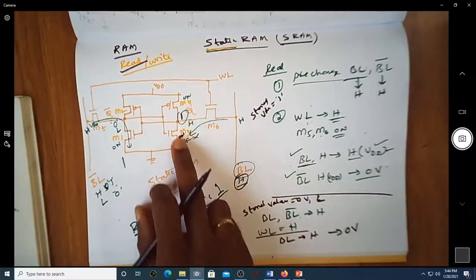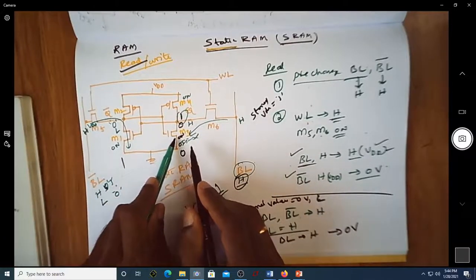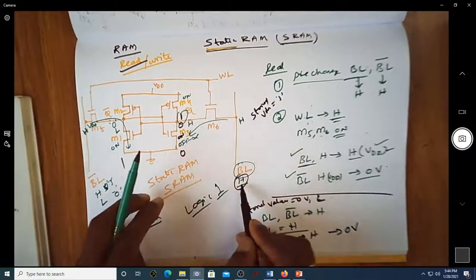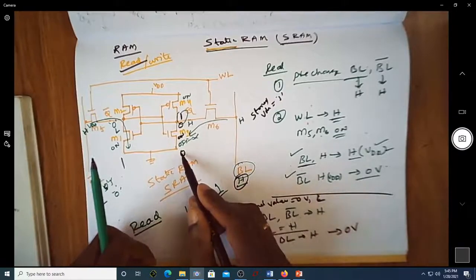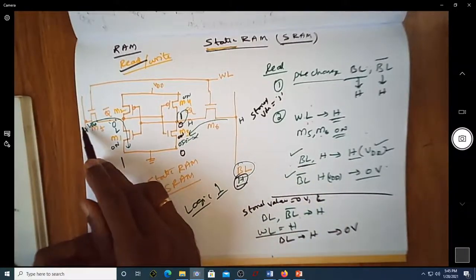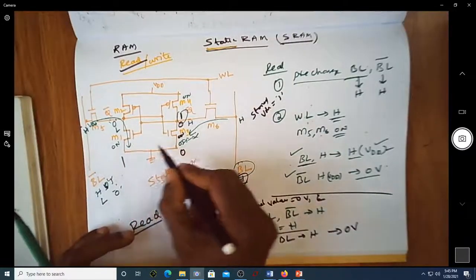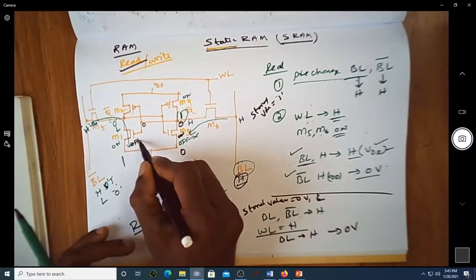Because of this, the bit line which was high will become 0 volt, because transistor M3 is on. Why is M3 on? Because in the earlier case, if this has to become 0, then M3 is on. Since M3 is on, whatever pre-charge value of 1 is on your bit line will go to 0. And of course this high will remain high, because if the condition of this transistor is 0 volt, then it will be off.